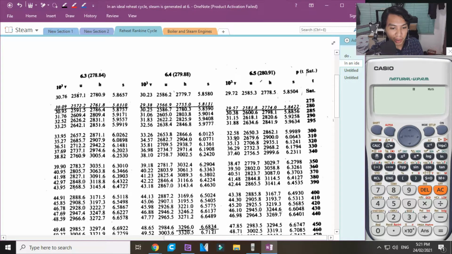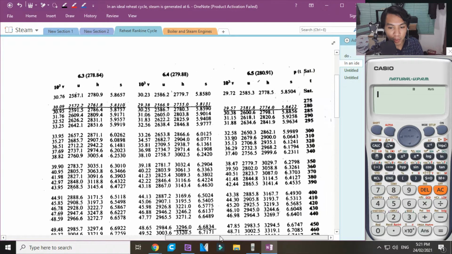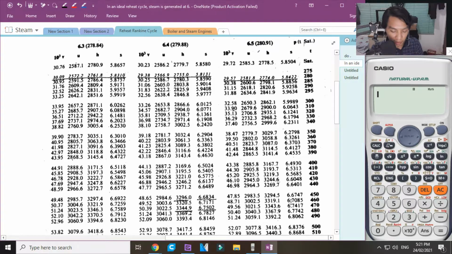6.3 tapos 450 ba? 450, okay. 450 nandito. This point. Tapos this point. Now, 6.3, ayun, 6.3. Saturation niya, ibig sabihin this is superheated. So, meron kang H. Okay, bilugan natin.